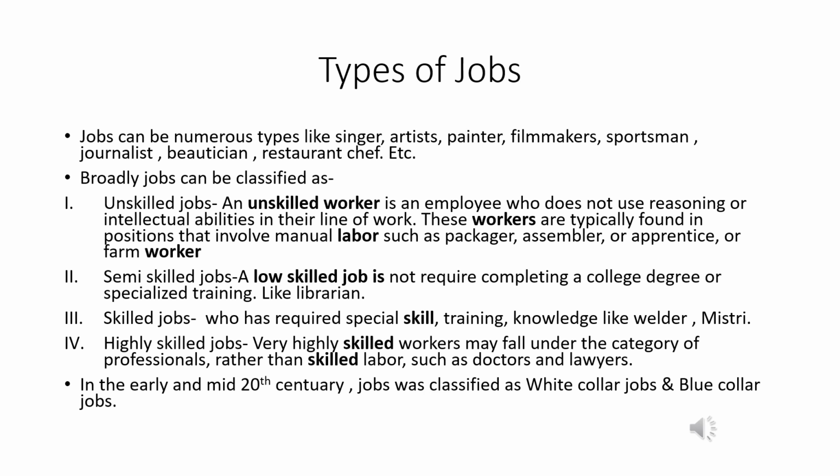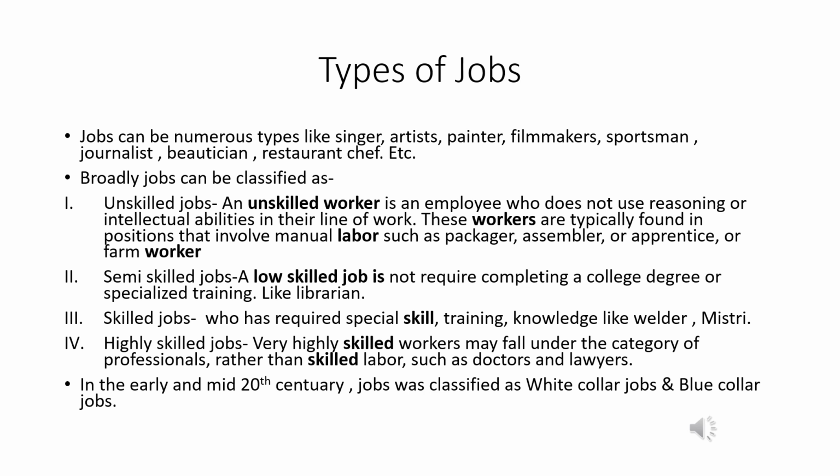The third one is skilled jobs. These persons require special skill, training, knowledge. Like if you talk about the welders, who are the welders? They work in the iron factory, right? They mold the iron into different substances. Mistri, the mason, they come into the skilled jobs. The fourth one is highly skilled jobs. Here a particular degree is required, right?